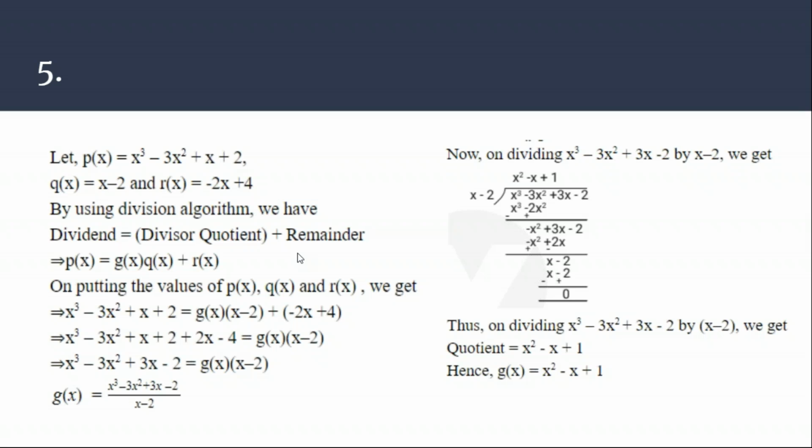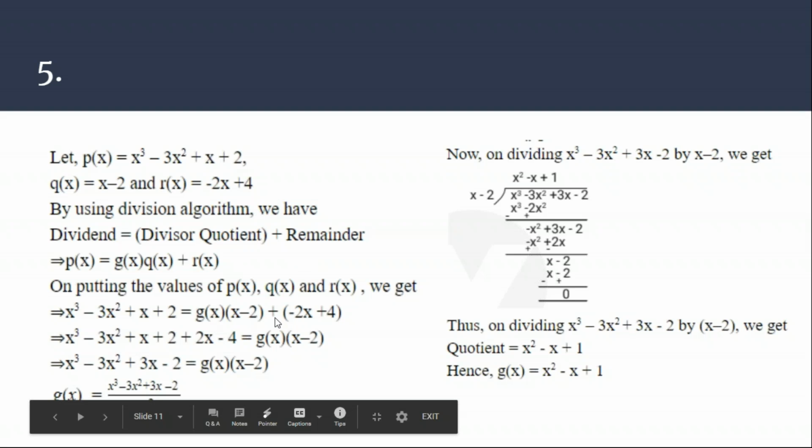I'm not sure if you can really solve it by the method you're saying, because then it will change the answer completely. Yeah, I understood that. You took q of x and r of x to the other side. But in this case also q of x and r of x is taken to the other side, right?